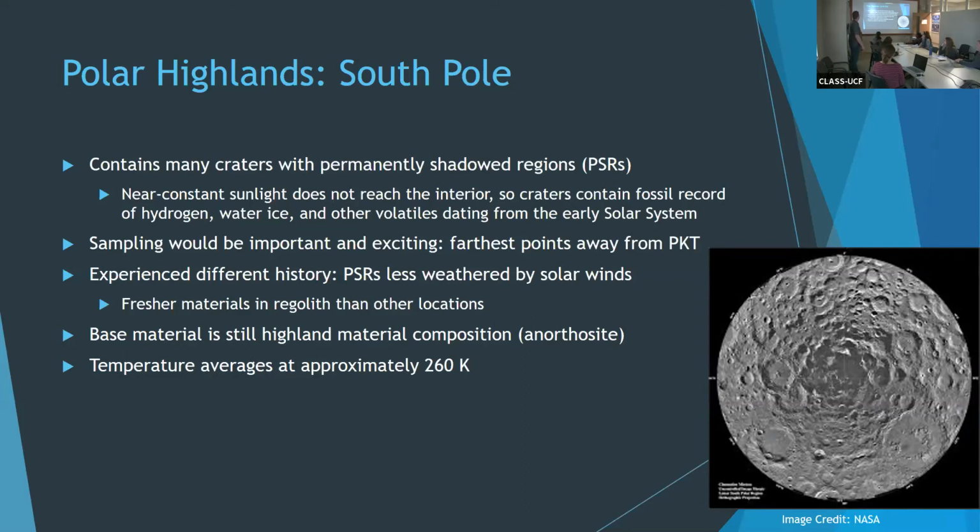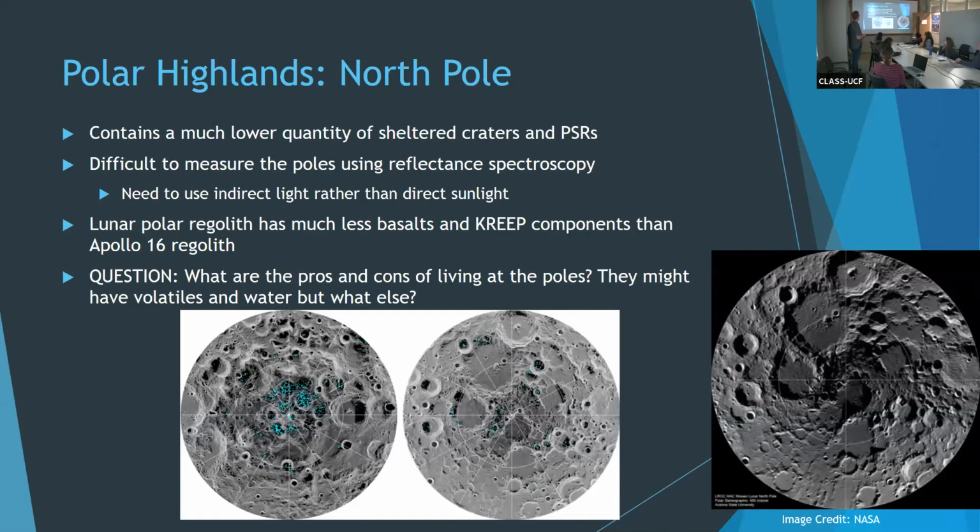Bringing it all back. The base material that we find in those polar regions is still the highland material, but they do have a lot different formation histories because of the sunlight and where they're located on the lunar surface. And then the North Pole is different from the South Pole in that it contains a much lower quantity of those PSRs.